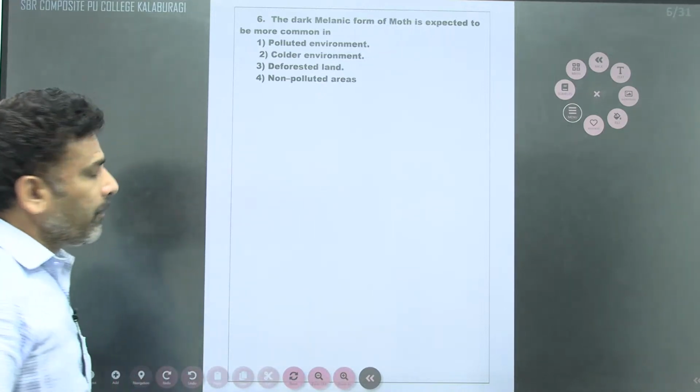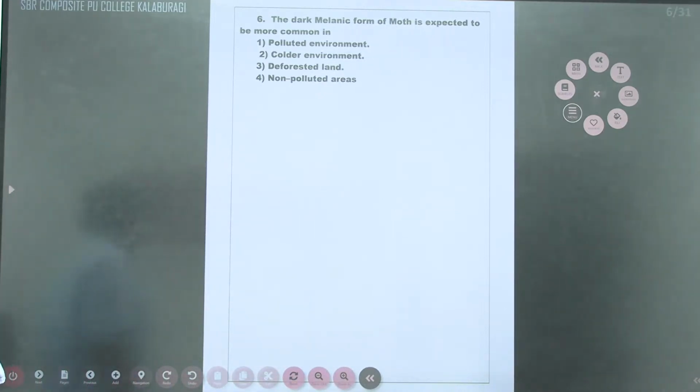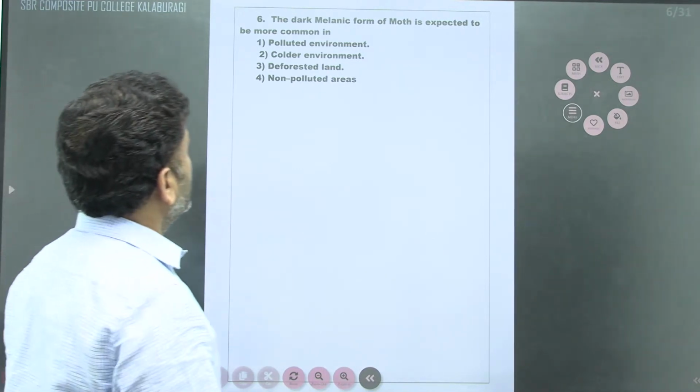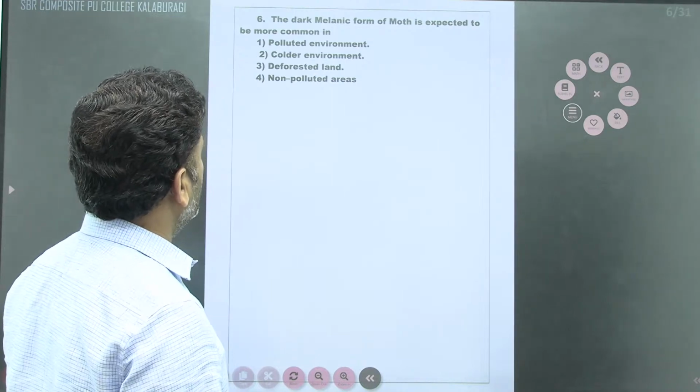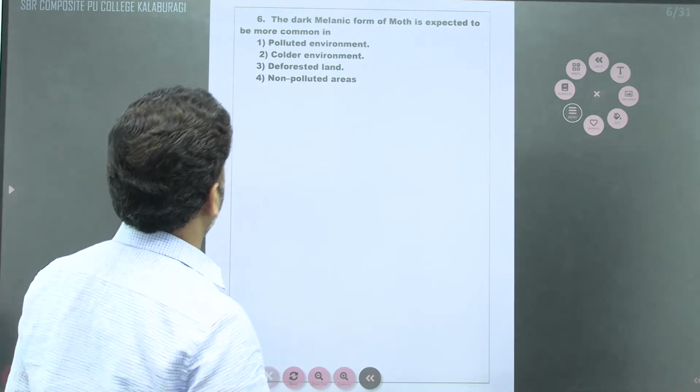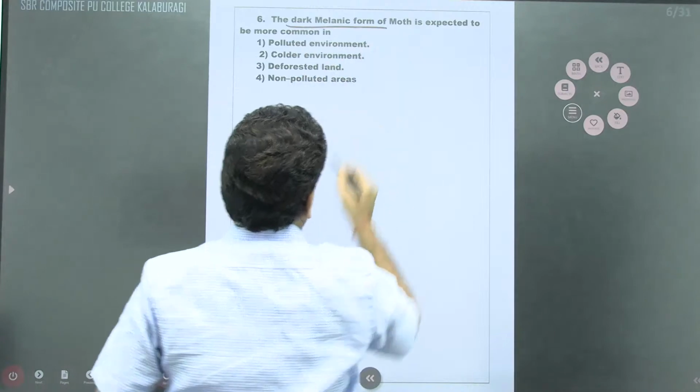Next, question number 6. The dark melanic form of moth is expected to be more common in dark melanic form individuals.